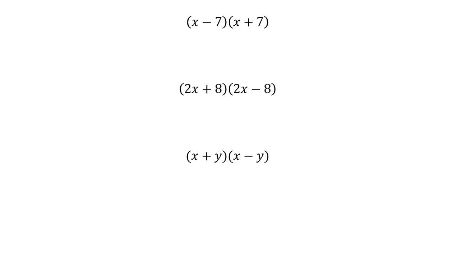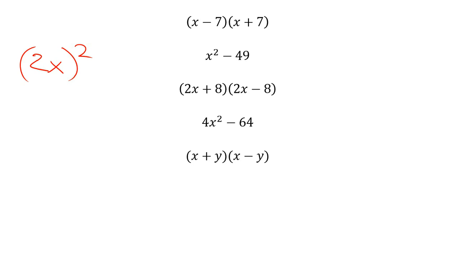Take a second. I want you to simplify all these and see if you can find the answers. With the first one, we should end up squaring the first, squaring the last, and putting a subtraction in between, getting us x squared minus 49. For the second one, we square the first one, 2x to the second power, which ends up with 4x squared minus 64.